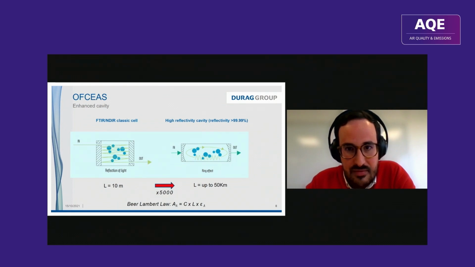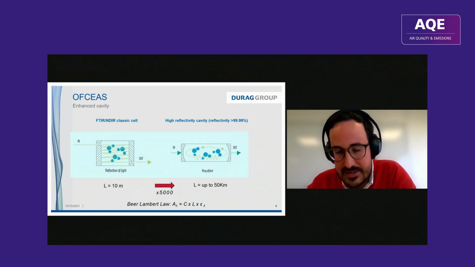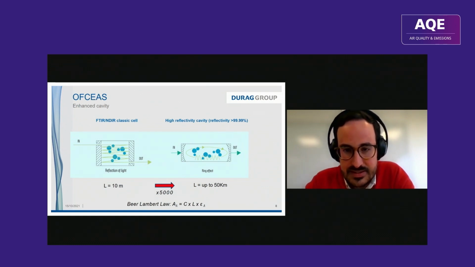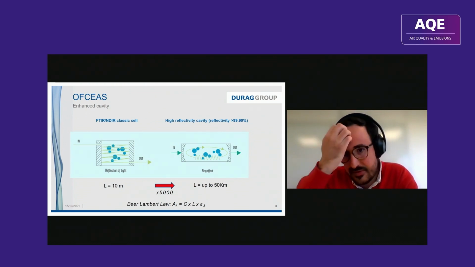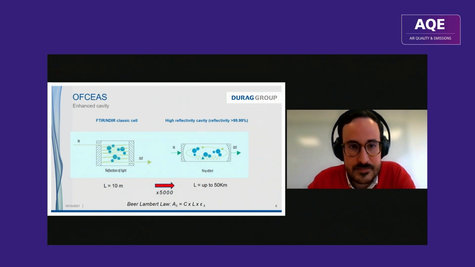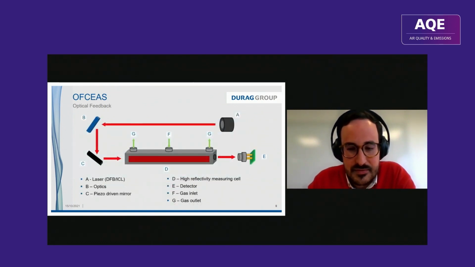With high reflective mirrors, the goal is to keep the light from 10 to 50 kilometers inside the cell. And as we use Beer-Lambert law, the longer your path length, the more absorption you have. This is why we go to PPT and PPB concentration measurements, when a normal FTIR and NDIR will be more in the percentage and ppm concentrations, because we have 5,000 times more absorption. So that's the first part of the OFCEAS patent, the enhanced cavity.